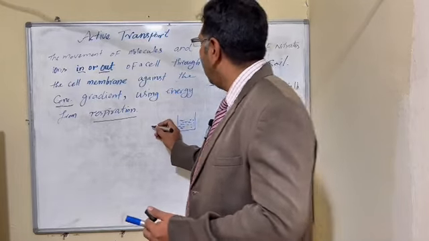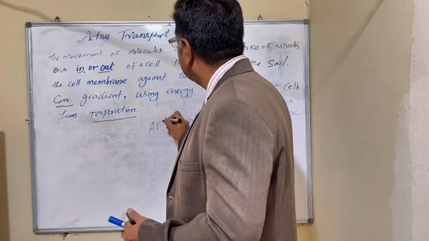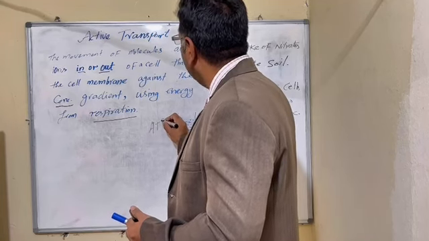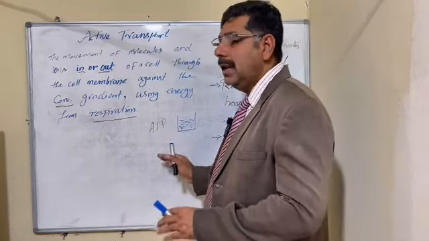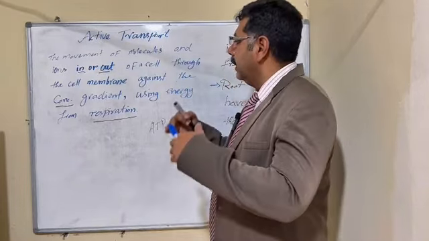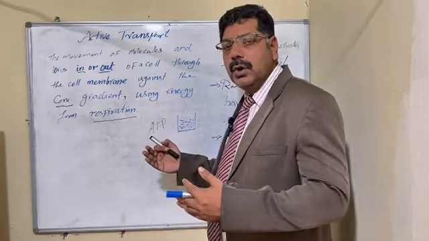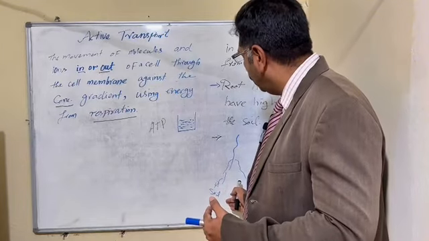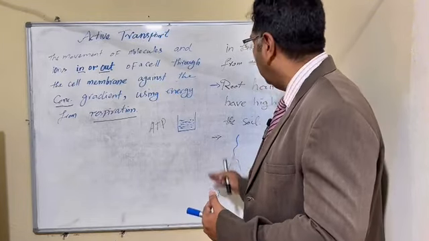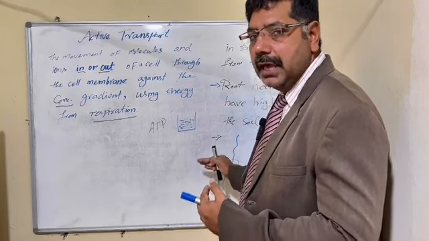They will use ATP, as ATP is an energy-rich compound, adenosine triphosphate. So ATP energy will help the plants to absorb nitrate from the soil, although there is more concentration inside the root hair cells.